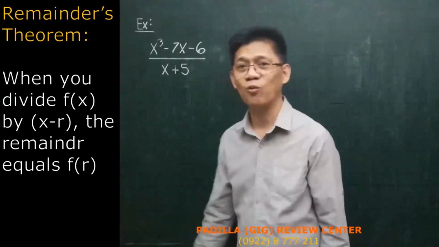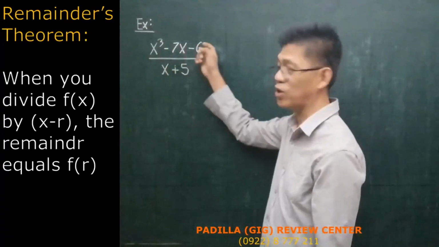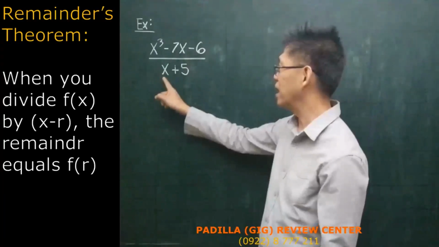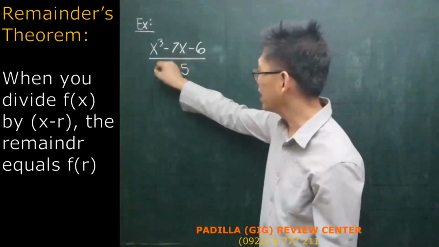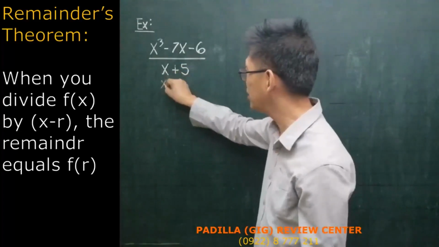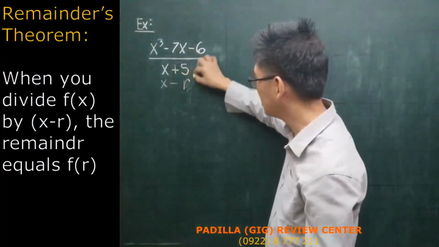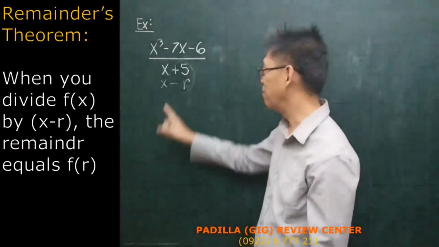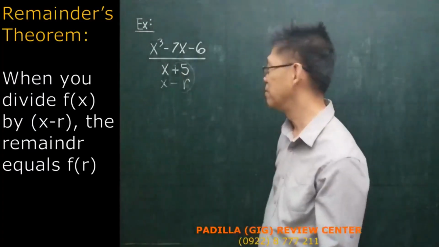Let me illustrate what it means. If we divide this algebraic expression of x by x plus 5, this is our x minus r. So your minus r is 5, or r is minus 5, di ba? Minus r equals 5, so r is minus 5.